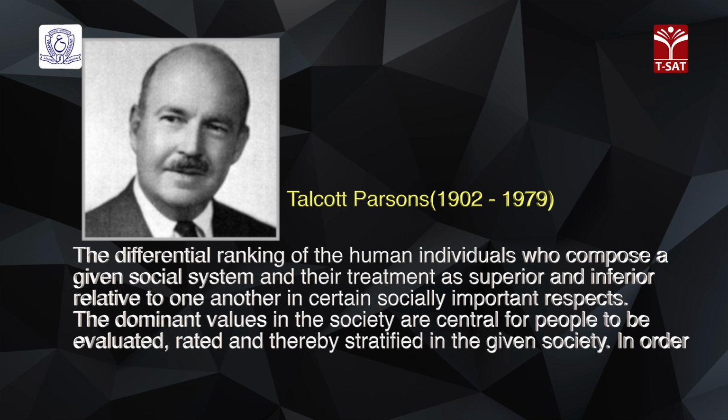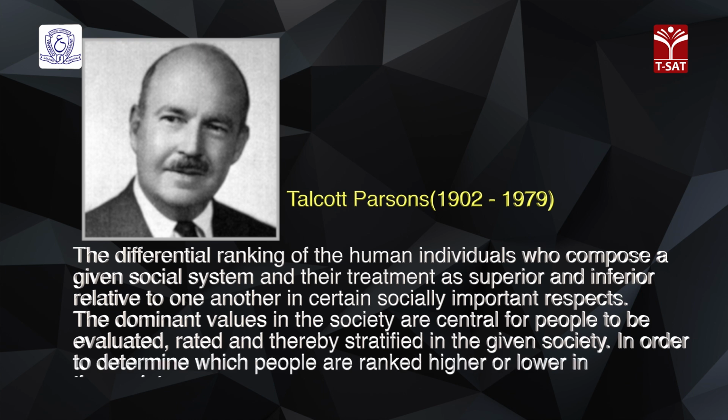Thus, for Parsons, the dominant values in the society are central for people to be evaluated, rated and thereby stratified in the given society. In order to determine which people are ranked higher or lower in the society, Parsons provides a theory of the way in which a society ranks the roles or tasks according to the dominant value system in the society.